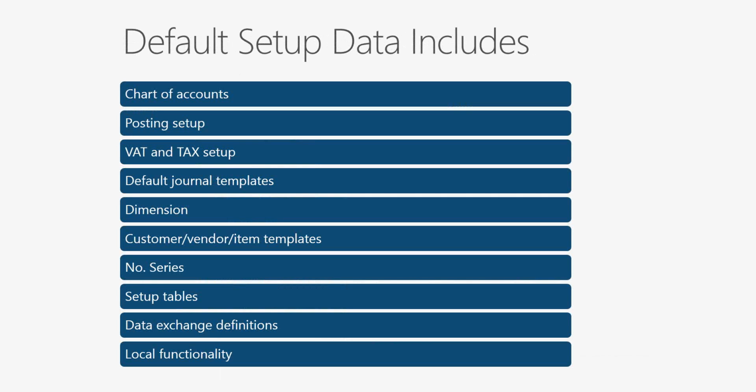So just a real quick high-level look over what those setup data include, and the different tax setups and journal templates, dimensions, number series, the basic handful of things that you need to have when you start up. Many of you aren't familiar with this because maybe you've relied on your partners in the past, and you probably would continue to do that, but you never know. Microsoft is putting more and more power in your hands, so you're going to have options.